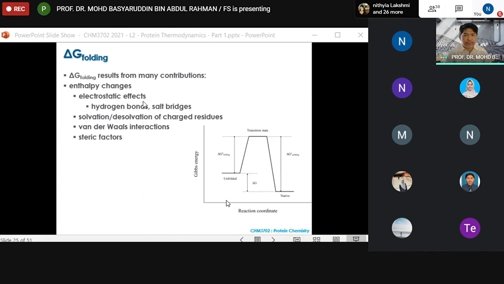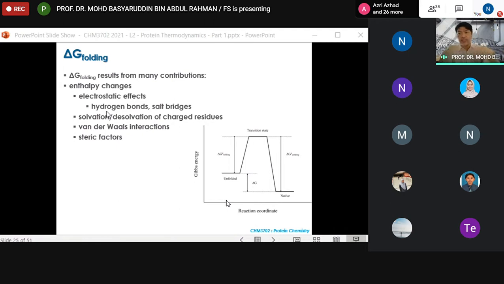Electrostatic effects. Yeah, the hydrogen bond also normally comes from water, maybe. Yeah. Then gain of protein-protein interaction also helps, particularly from its hydrogen bond. Yeah, hydrogen bond from protein-protein interaction.